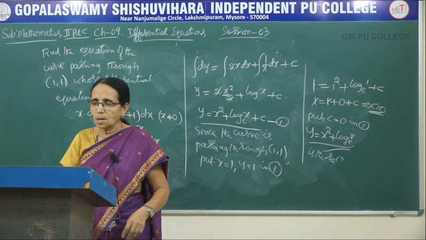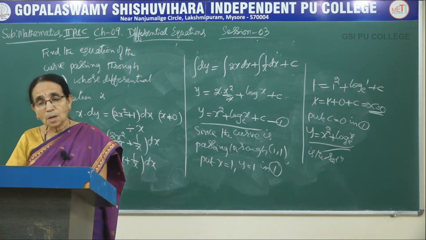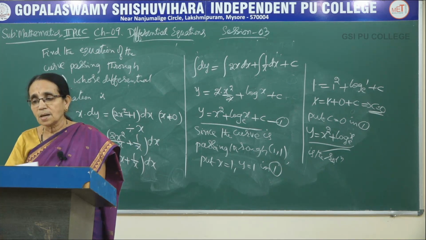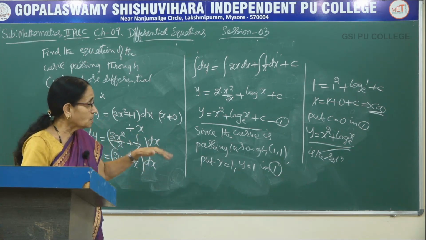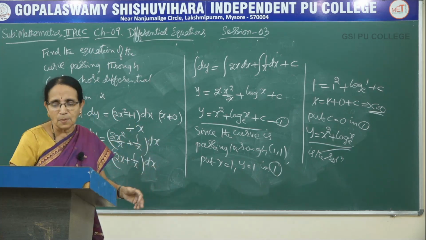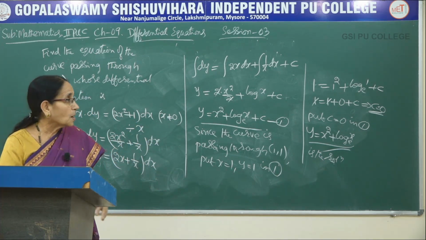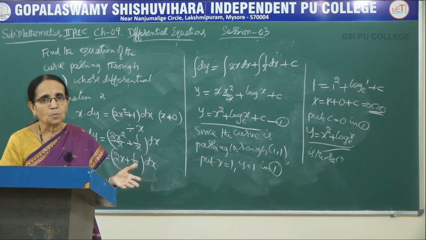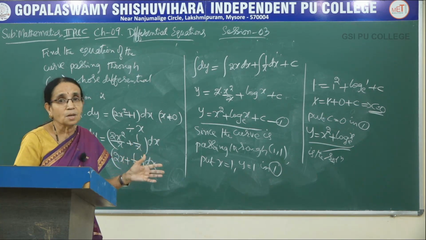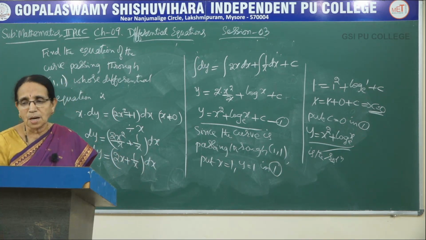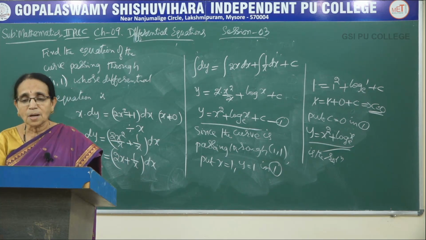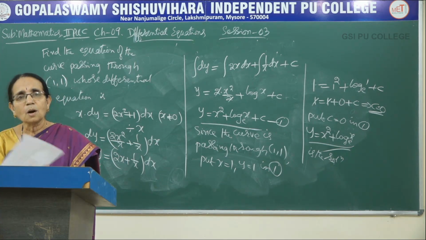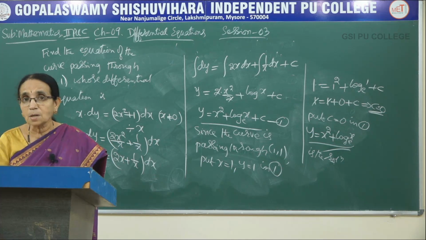So, this is the procedure we adopt here. Sometimes, as I told you already, if the thing is given directly, as in the previous problem, writing the value x equal to 1, y equal to pi by 2, something like that, then it is easier for us. If it is given in the form of a statement, naturally you have to carefully understand the problem and what is the value of x and what is the value of y.